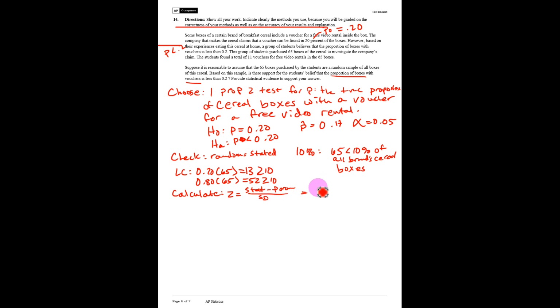And we can do stat is 0.17 minus parameter 0.20 over the standard deviation, which is the square root of 0.20 times 1 minus 0.20 over 65, and that came out to be, from the calculator, negative 0.62, which gives us a p-value of 0.27.